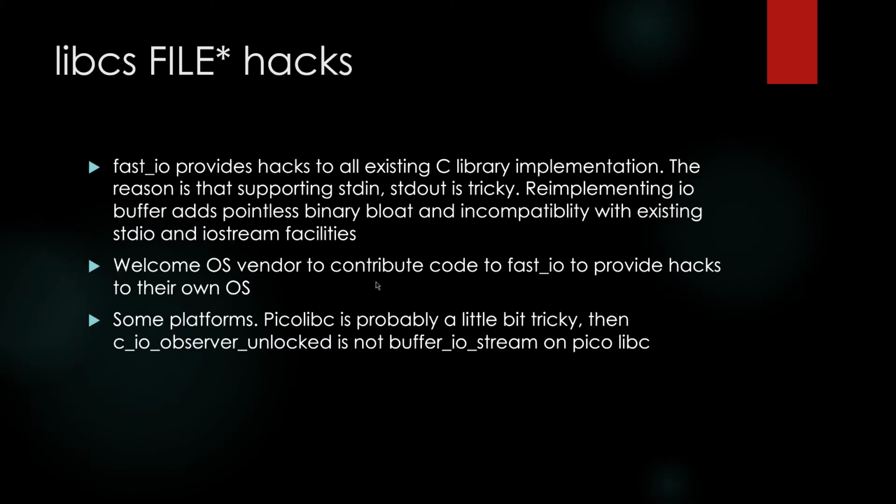And we also welcome OS vendors to contribute code to provide hacks for your own operating system. Some platforms like PicoLibc are a little bit tricky because they don't actually have any buffer. On that kind of platform, the C IO observer is not a basic_ostream. It does not inherit from it. It does not satisfy the concepts on this libc implementation, because we cannot control how this libc is implemented.